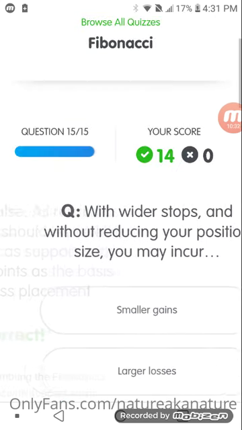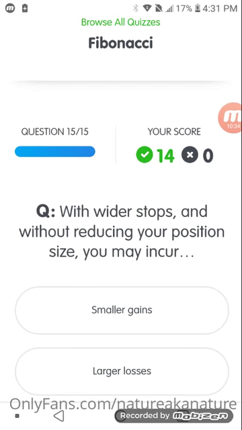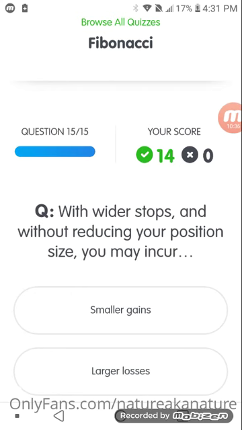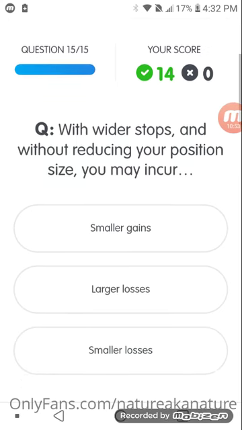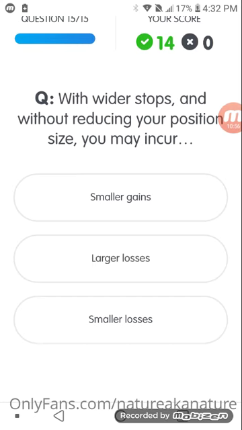Okay. All right, with wider stops and without reducing your position size, you may incur larger losses. So with longs, you push your stop loss all the way up there, so you have a wider stop, and you never reduce your position. You still have the same position, and this may lead to larger losses. You have to reduce your position until you actually find what the trend is doing.